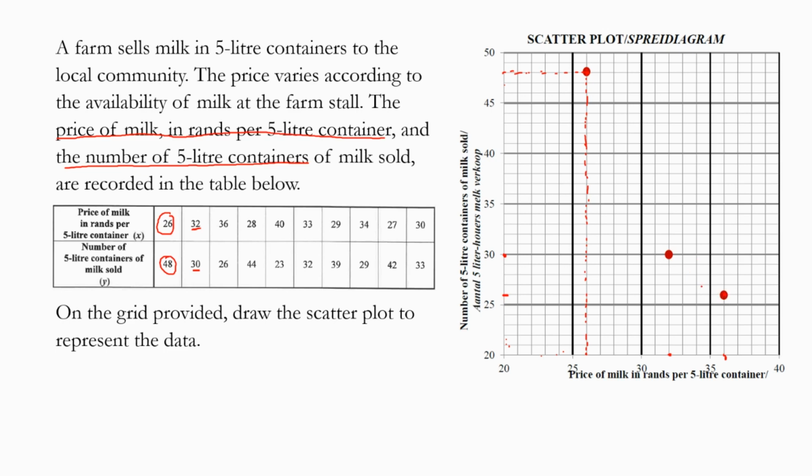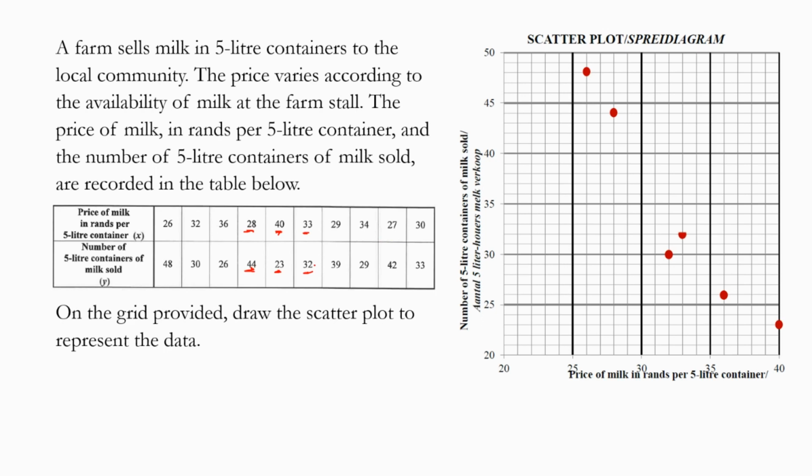Okay. And then we have 28, 44. Let me just plot the points now. 28, 44. It's here. And then 40, 23. There is 40, 23. And then 33, 32.